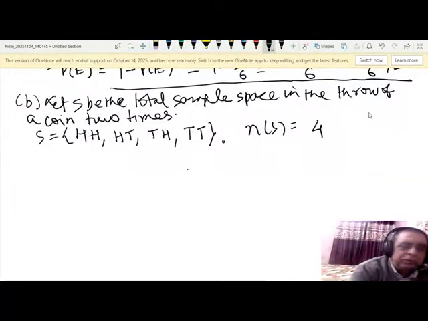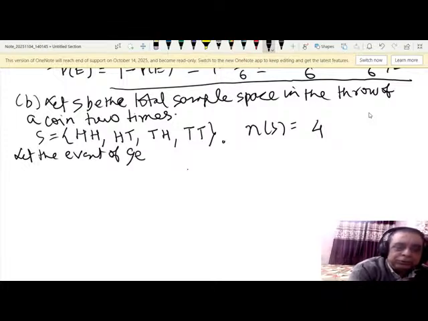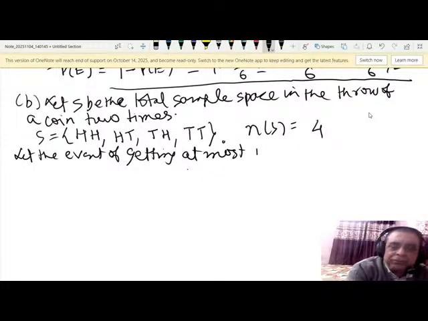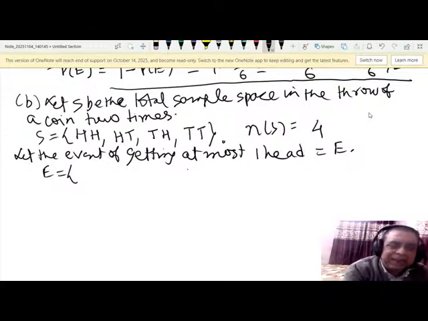Now we have to find the probability of getting at most one head. Let us call that event E. Let the event of getting at most one head be denoted by the capital letter E. E will be what? At most one head, that is either one head or no head.